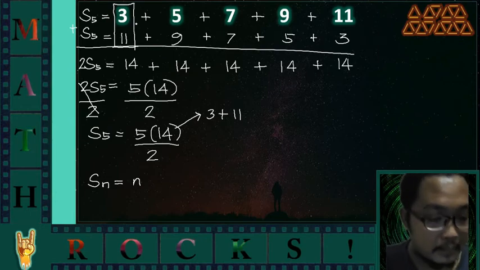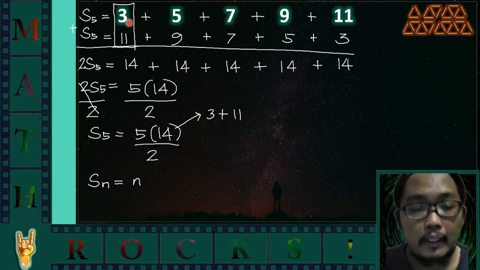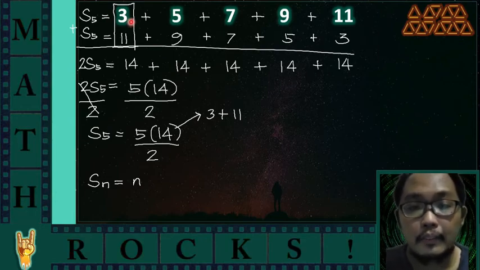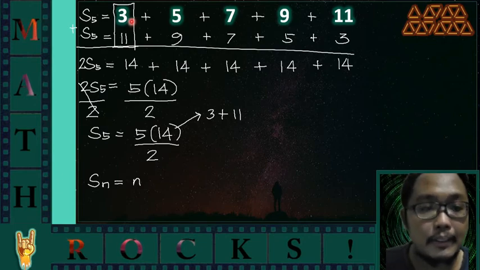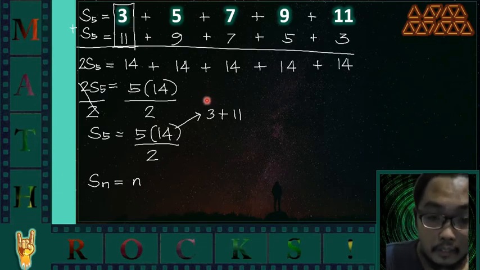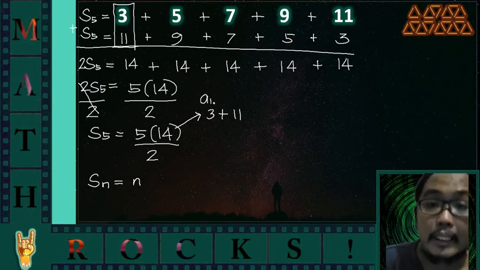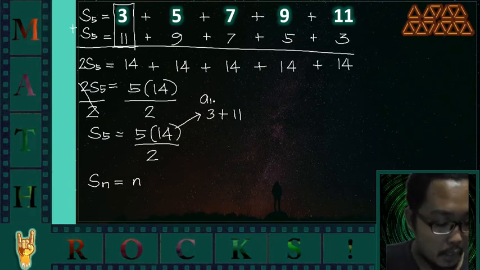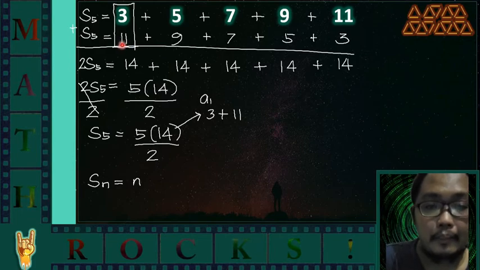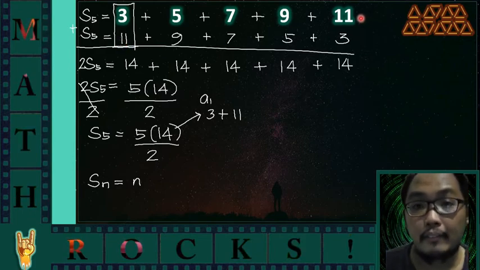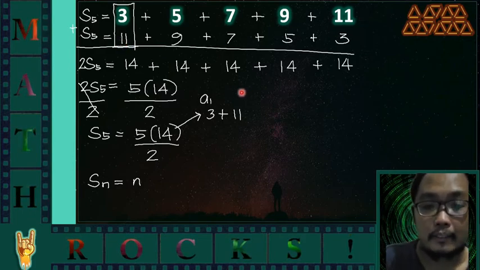You will notice that the 3 is the first term of the original sequence, and we have learned in the previous lesson that the first term is usually written as a sub 1, while the 11 originally is the fifth term of this sequence.